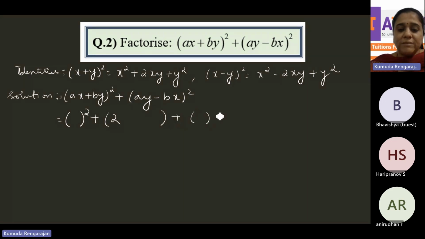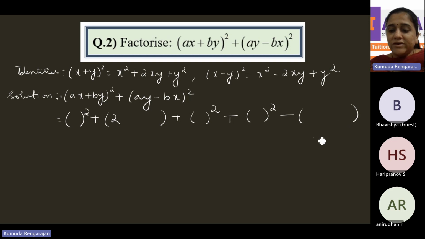I'm putting empty brackets first. So I have to write x squared plus 2xy plus y squared, then the other bracket, plus again x squared minus 2xy plus y squared.